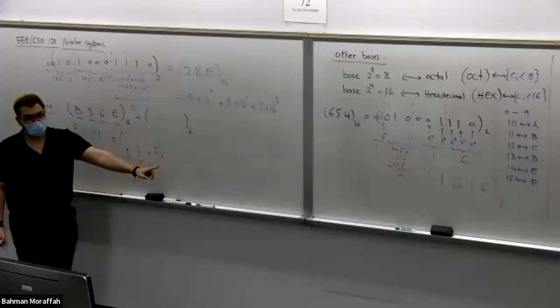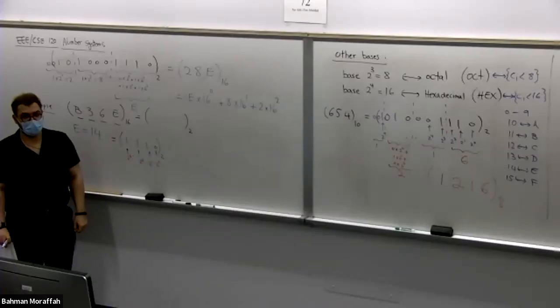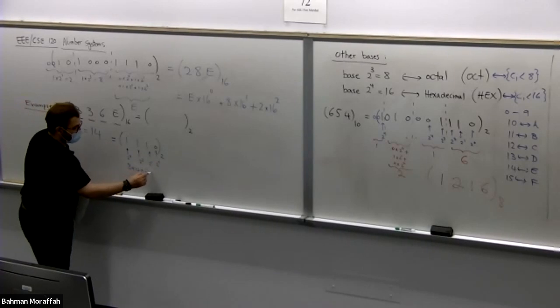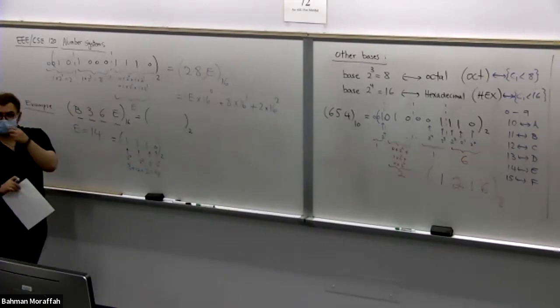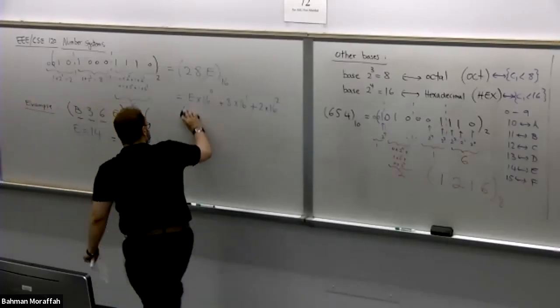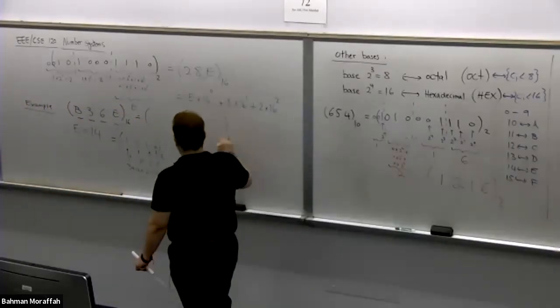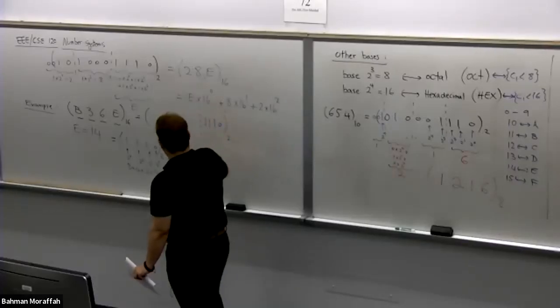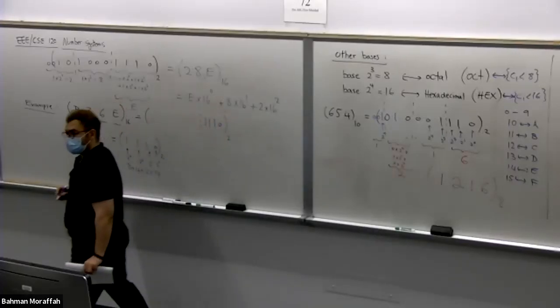If I add them up, that would be 14. That's 8 plus 4 plus 2. So I got the last part. That corresponds to this E.